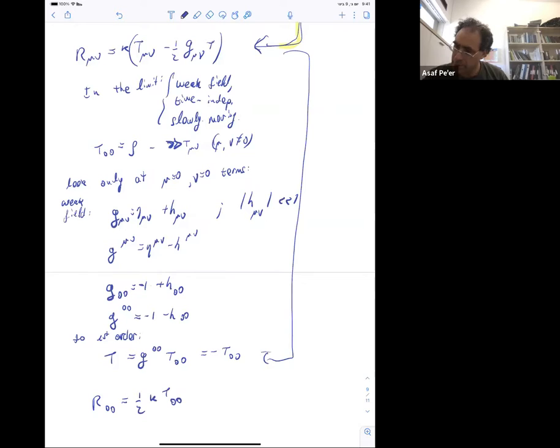The -1 here, this is a -1. This will also be a minus T00. So the minus will cancel, so I have a -1/2. So T00 minus 1/2 T00, so 1/2 kappa T00. Right?